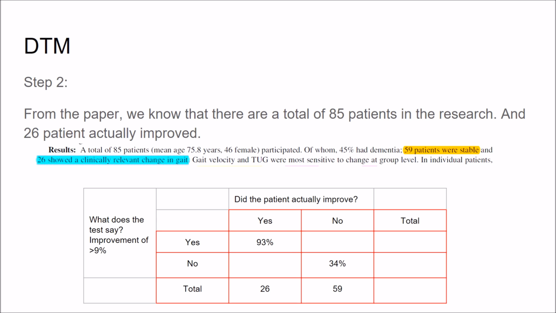Therefore, the 26 will be placed under yes, the patient has actually improved, in the third column, and the rest of the patients, which is about 59, will be put under the did the patient actually improve? No, they did not. So that's 59, and that's where these two figures will go.